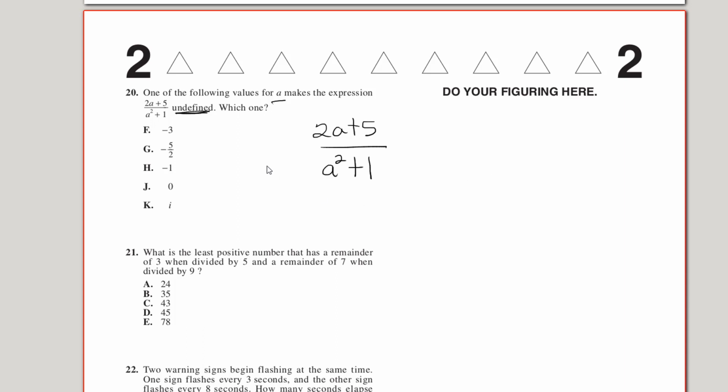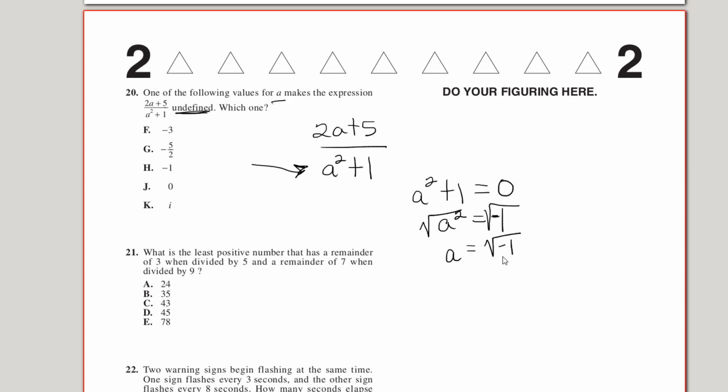When we have a fraction, a rational expression, we're going to look at the denominator. And we know that we cannot have the denominator equal to 0. We can't have 0 in the denominator. So we're going to set this equal to 0, and we get a squared equals -1. And you might be getting a little concerned at this point because to get rid of a square, we're going to take the square root, and we get the square root of -1.